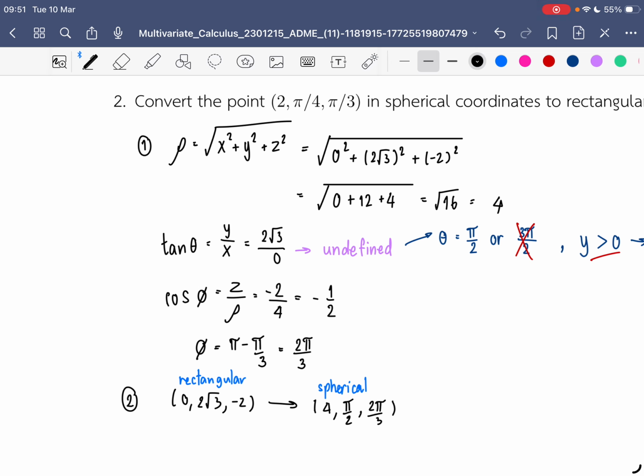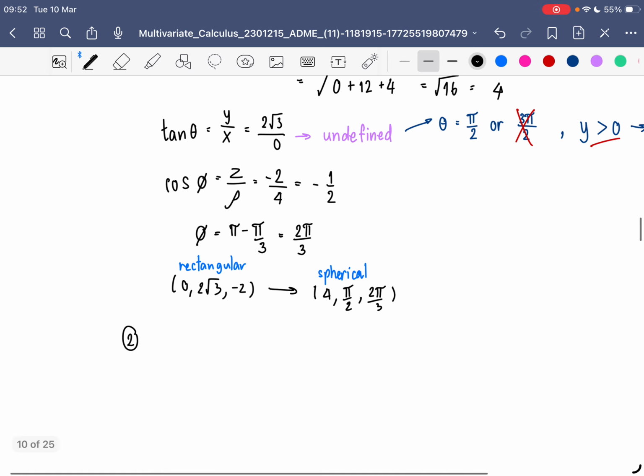For the second one, I would convert the point 2, pi over 4, pi over 3. It is from spherical to rectangular.